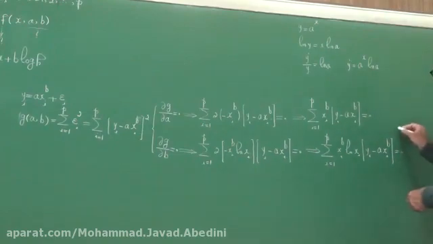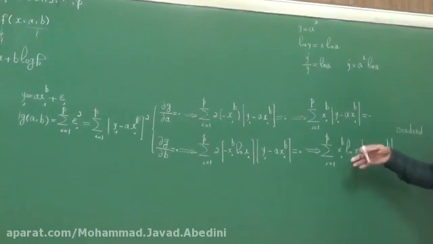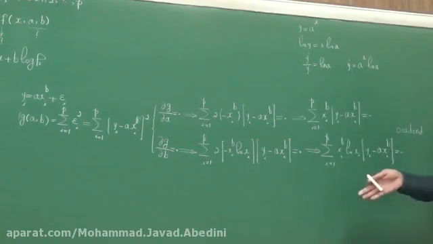I will put a dead end. What do I mean by dead end? It is not possible to solve. Simply, it is not possible to solve this system of highly nonlinear algebraic equations.